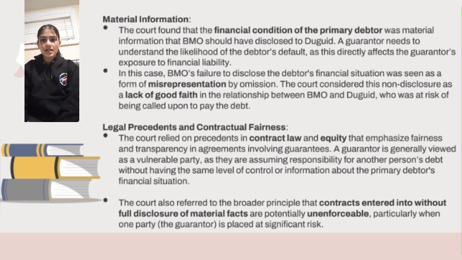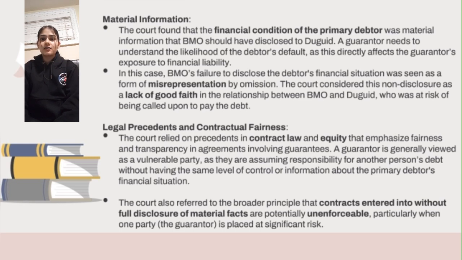In this case, BMO's failure to disclose the debtor's financial situation was seen as a form of misrepresentation by omission. The court considered this non-disclosure as a lack of good faith in the relationship between BMO and Duguid, who was at risk of being called upon to pay the debt.